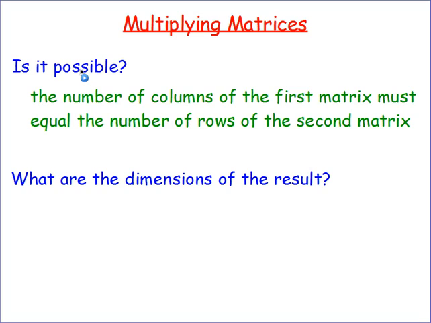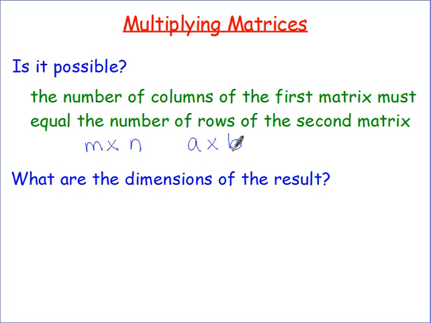The first thing you're going to do is find the dimensions. So matrix number 1 is going to have dimensions m by n. The second matrix is going to have some other set of dimensions. Let's just say a by b.